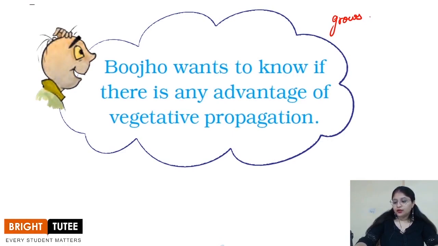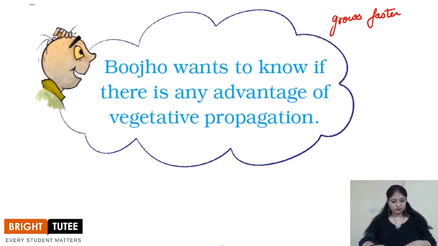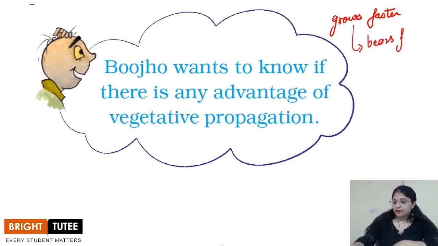That means the growth rate is faster. It will bear fruits faster. Right? So when it grows faster, we will see that it bears flowers and fruits faster as compared to other plants.